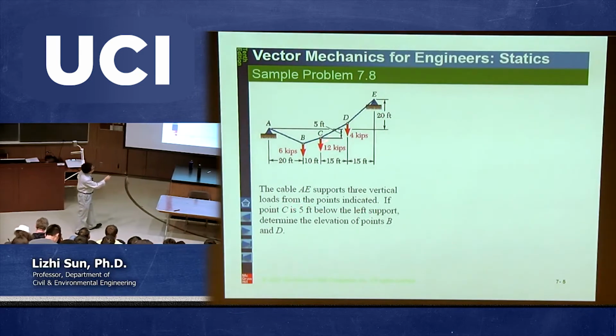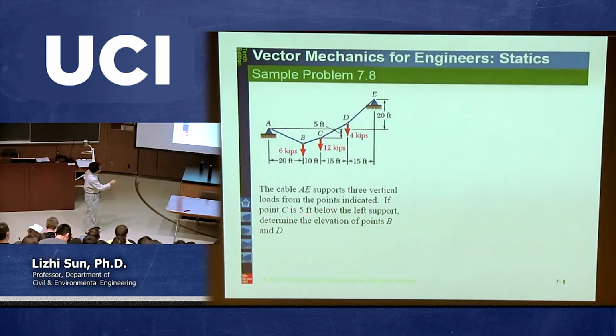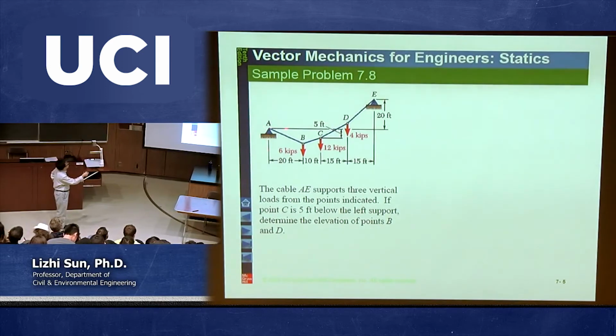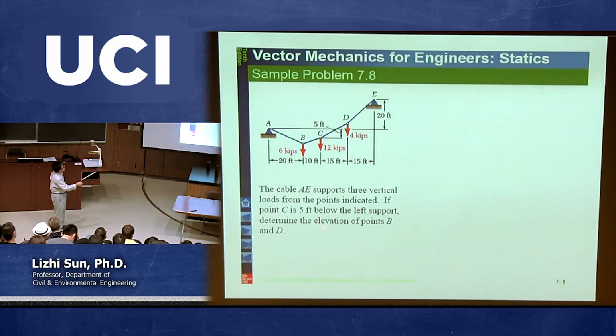If point C, see this point C, is 5 feet below the left support, so this is the horizontal line, from here to here is 5 feet. Then we can determine the elevation of point B and point D.